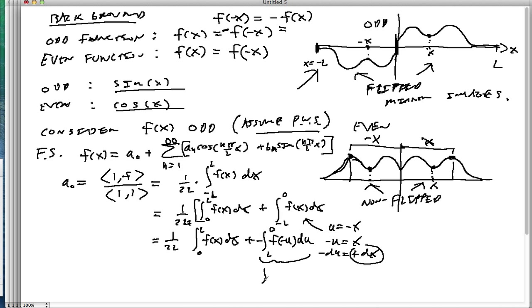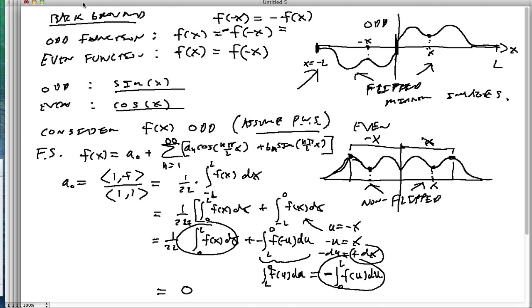We're going to get L to 0, and that negative will cancel with that negative, and we'll get f of u du. Now, of course, L is a positive number, bigger than 0, so we flip the limits of integration and end up with 0 to L of f of u du. This is identical to this term here, except for the negative sign, and so they cancel, and we're left with 0.